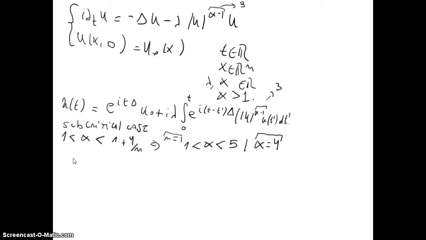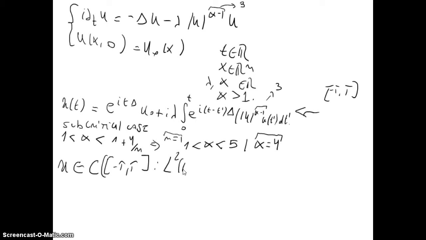Then, alpha is equal to 4, and we will have a unique solution u of the integral equation in the time interval, say minus T to T. And where is u going to live? U will be in C of minus T, T; L2 Rn, intersection L^r of minus T, T; L^(alpha plus 1) Rn.